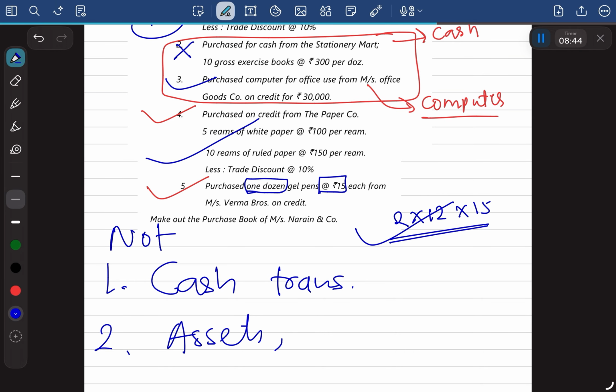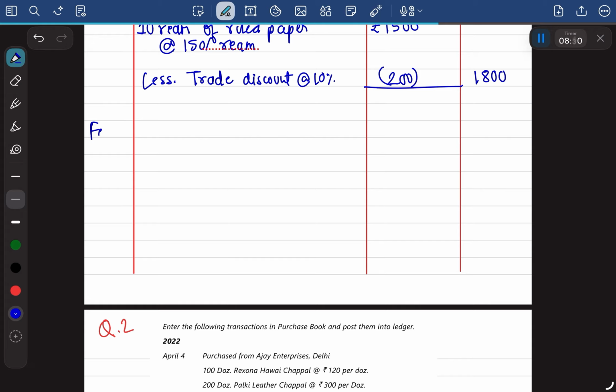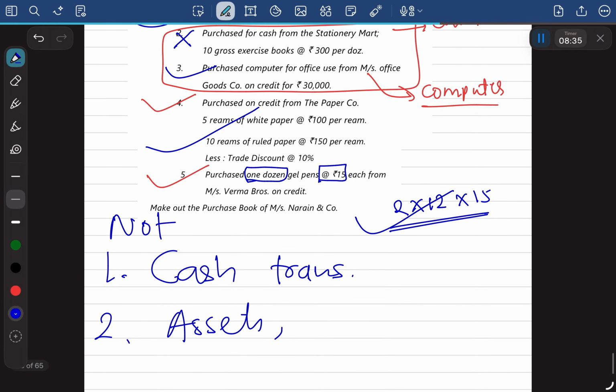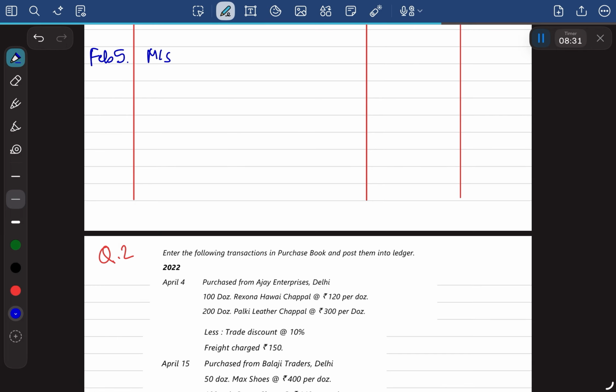And so now in this question, move ahead. The date is February 5th and the party is Messrs. Verma Brothers.